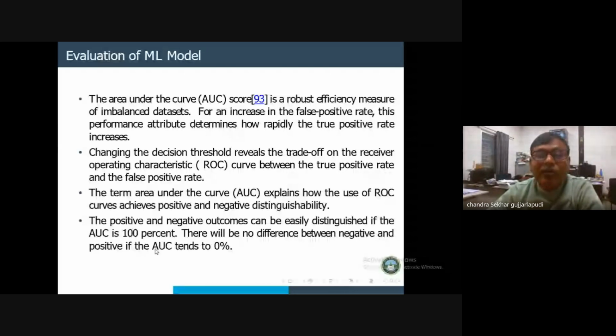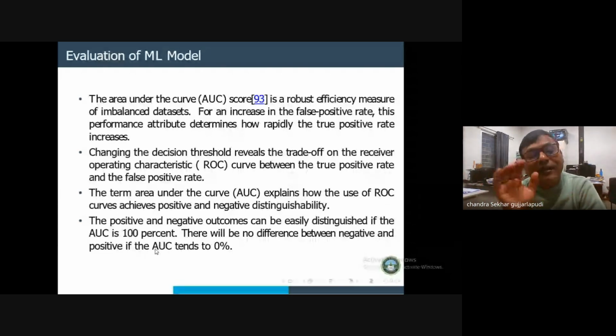The importance of AUC is that if the area of the curve is more, then our model is more accurate. If the AUC is less, then it is not so correct. If AUC is 0, that means the model is not useful. If AUC is 50% or beyond, meaning 60%, 70%, 80%, 90%, nearby to 100, it is more accurate.